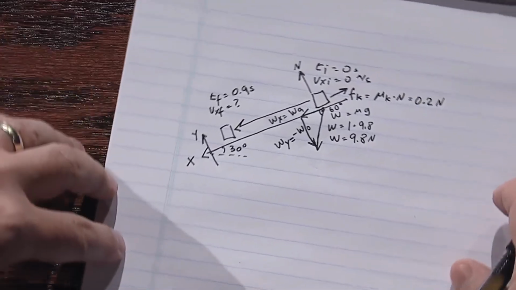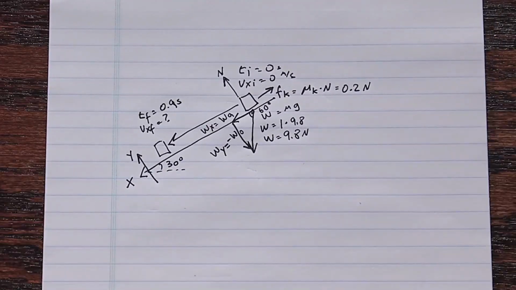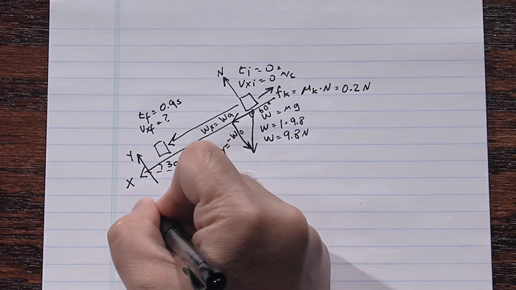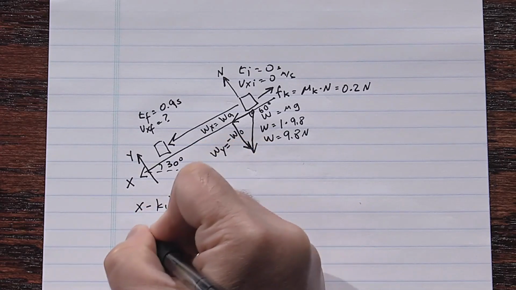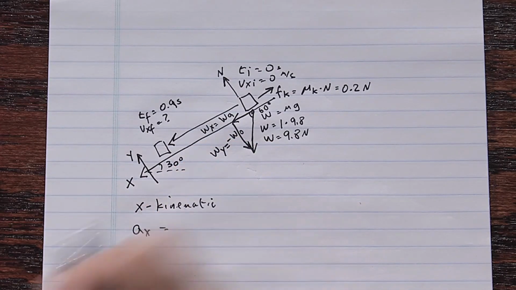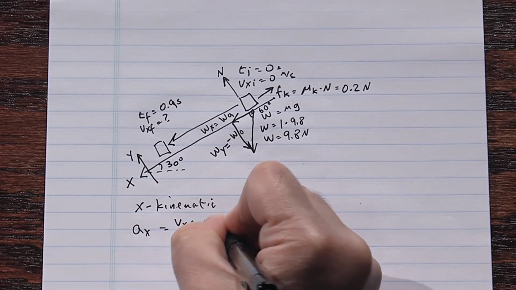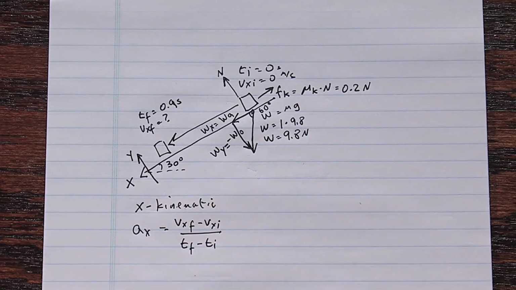Turn my diagram again. And we have to write our starting equations. Well, we're going to have 3 this time. We have, just as last time, x kinematic, which would be ax is equal to Vx final minus Vx initial over T final minus T initial.